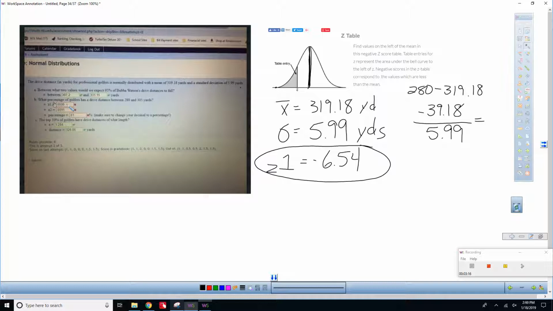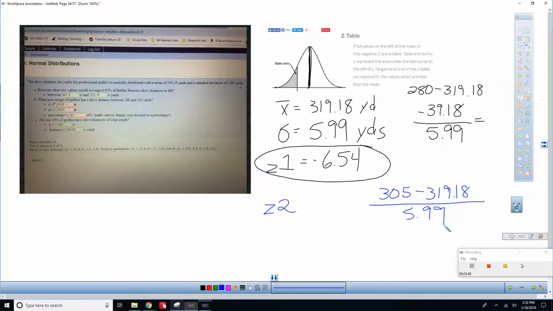Now, the second z-score, I think, might make a little bit more sense. So I'll do that in blue. For z2, you just take the new value, so 305, and you subtract the average, or the mean, 319.18, and then to find the z-score, you figure out how many standard deviations away it is, so you divide by what one standard deviation is.